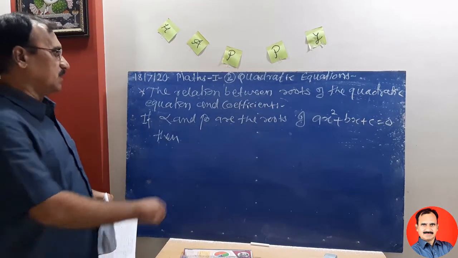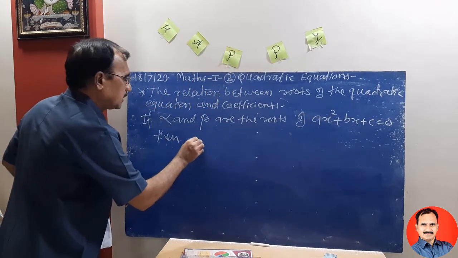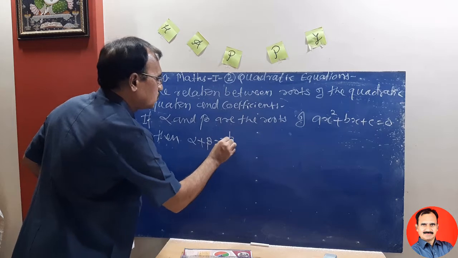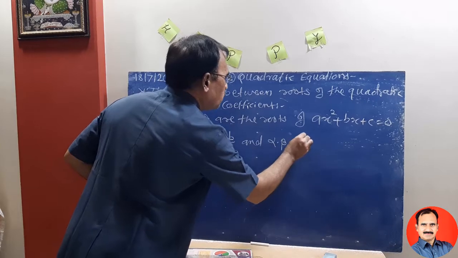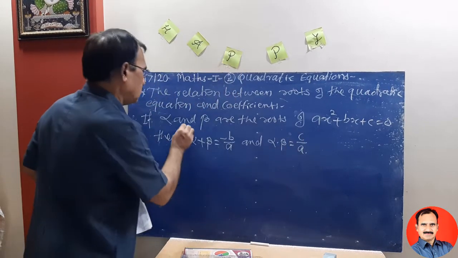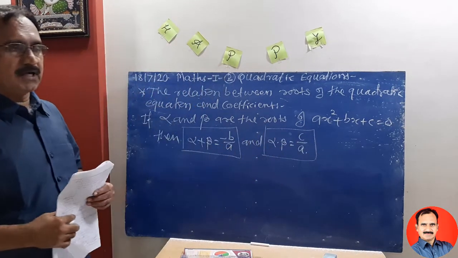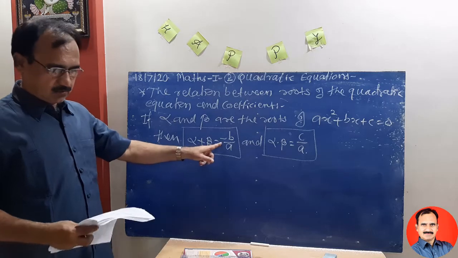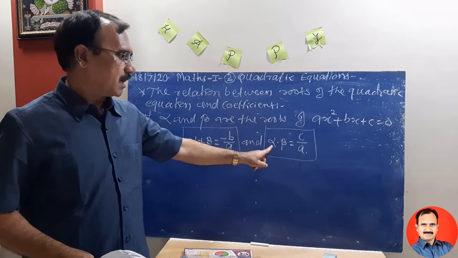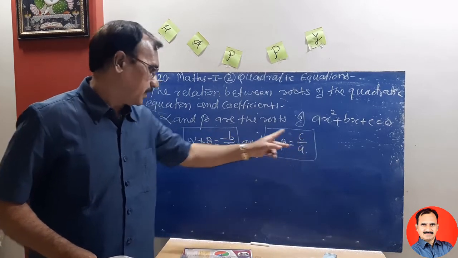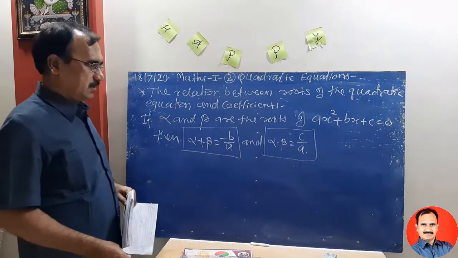Means we have to see the relation between alpha, beta, A, B and C. Then write down: alpha plus beta is equal to minus B upon A, and alpha into beta is equal to C upon A. Keep it in a box and don't forget this. Alpha plus beta is equal to minus B upon A, and alpha into, this dot means multiplication, alpha into beta is equal to C upon A. A, B, C are the coefficients and alpha, beta are the roots. This is the relation. Okay.